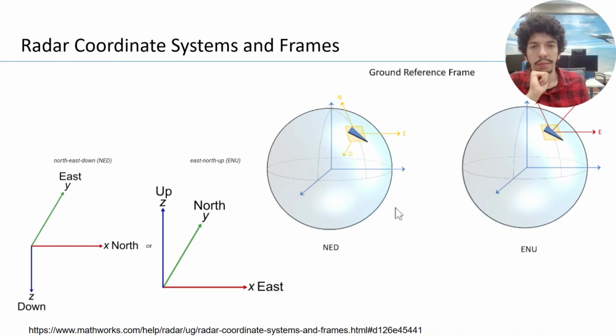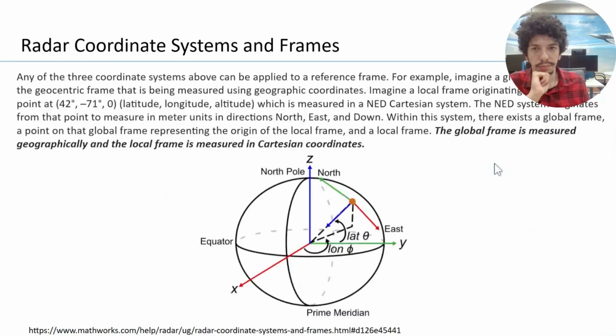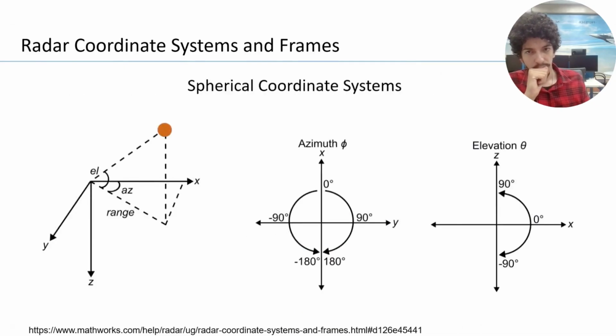The next figure is for representations of these coordinates in the globe. In this example, we have latitude and longitude to find this point on the surface of the Earth, and we have two other coordinates named spherical coordinate systems, for azimuth and elevation.